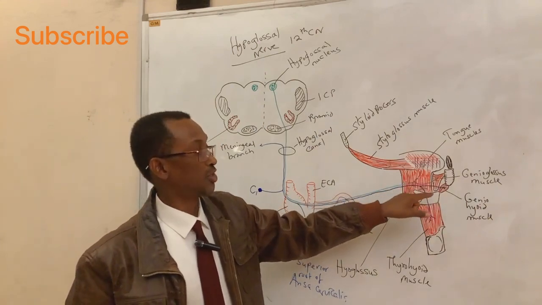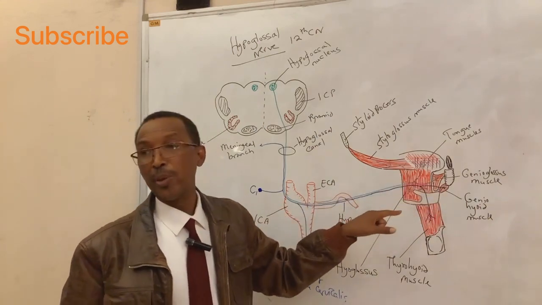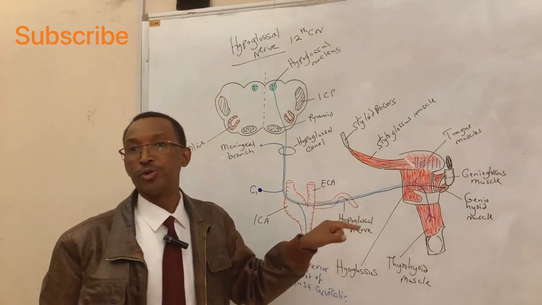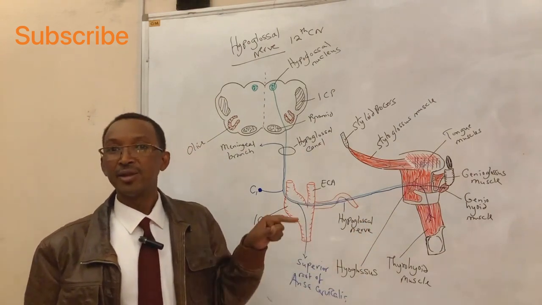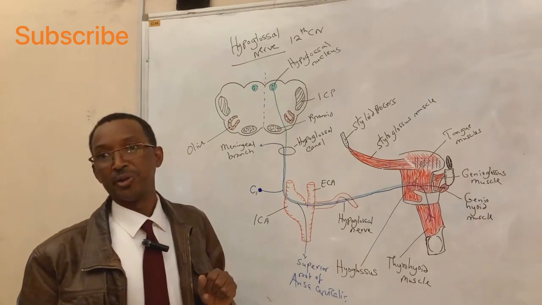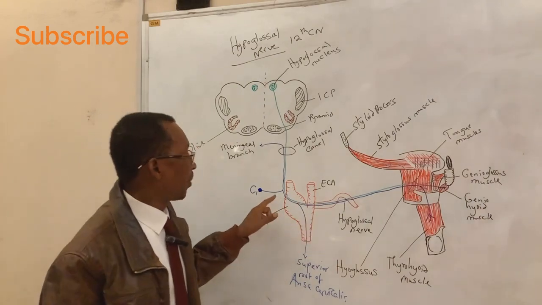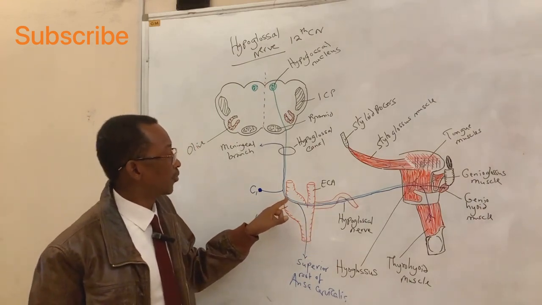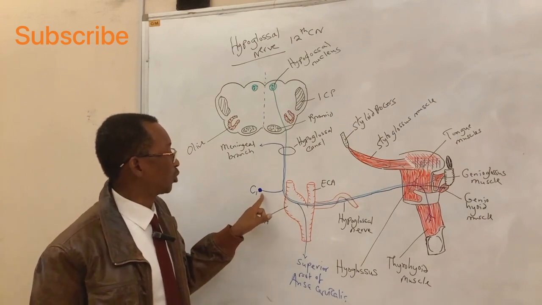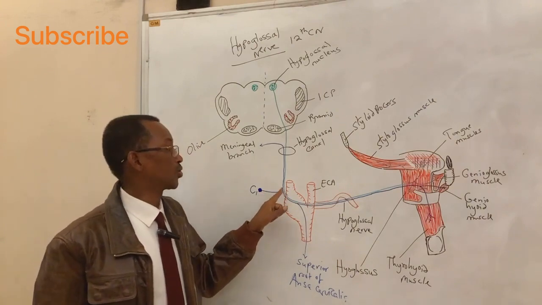So that nerve also receives contribution from the hypoglossal nerve through its contribution from spinal nerve number 1. You get it?